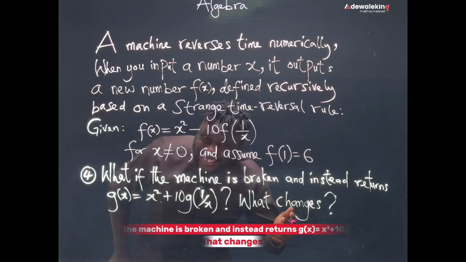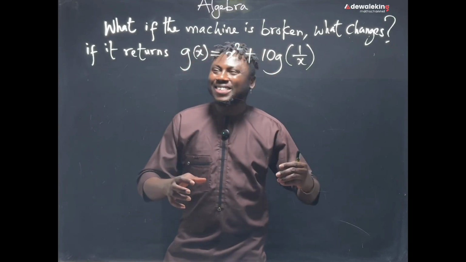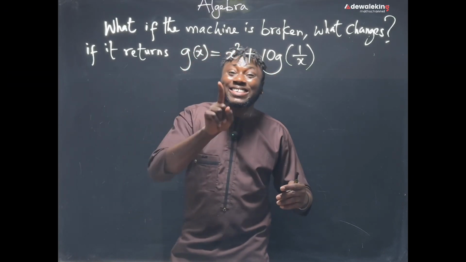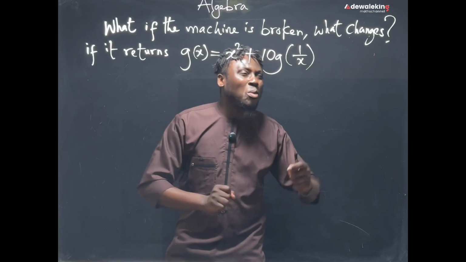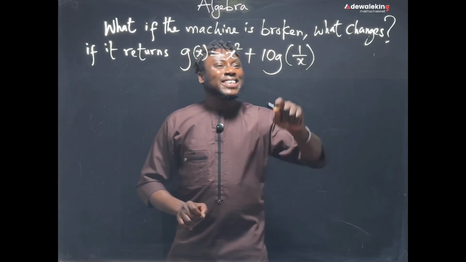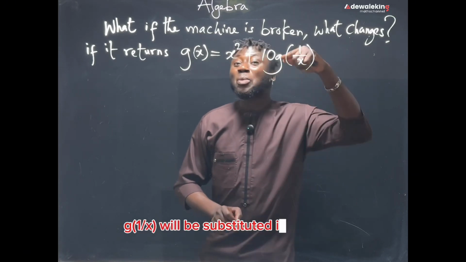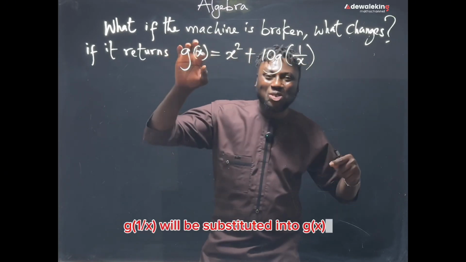What changes? This simply means that g of 1 all over x will be substituted into this function.